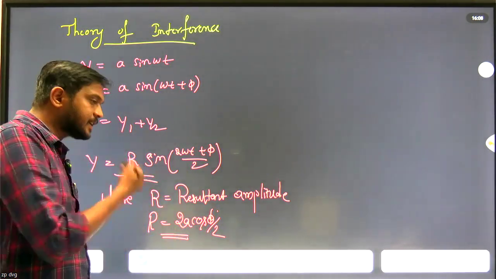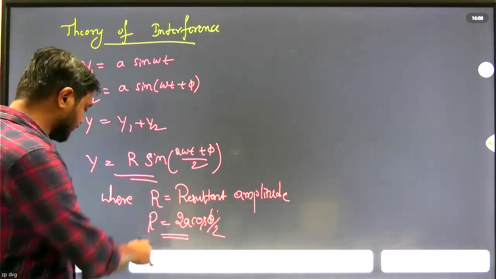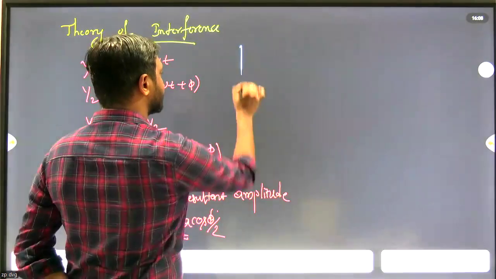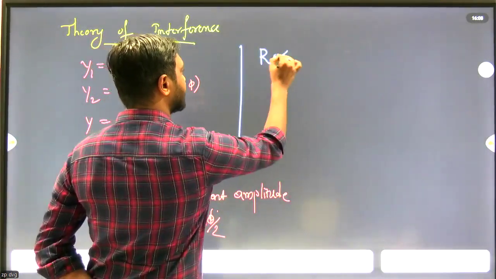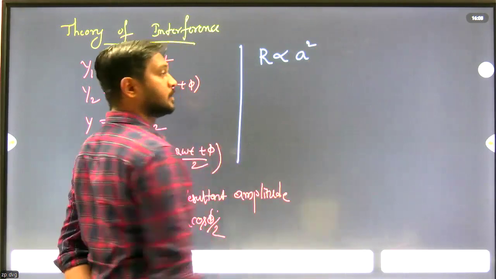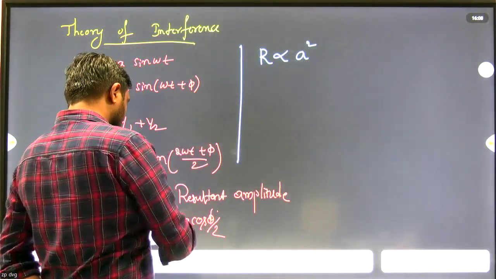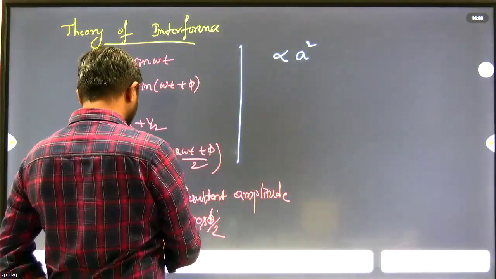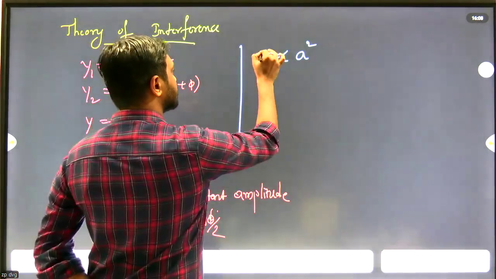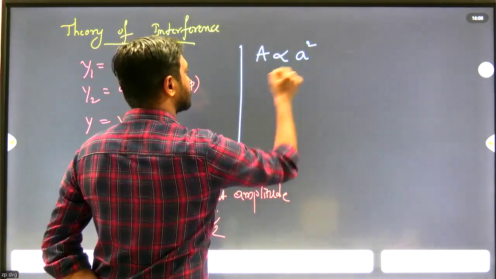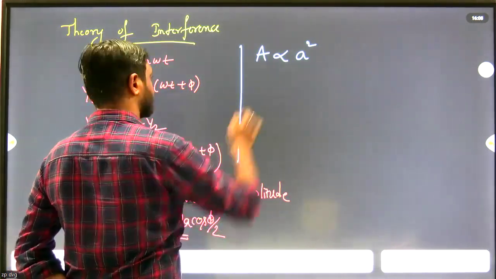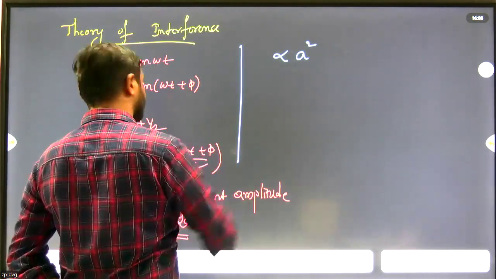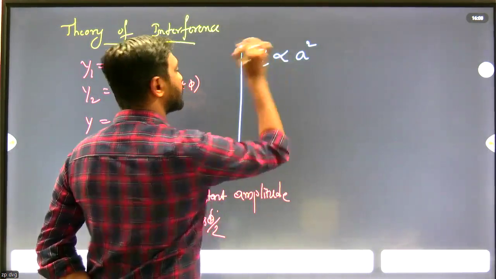Next, intensity is directly proportional to amplitude square, I is directly proportional to a square.